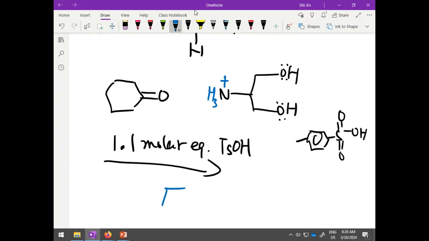So you will be getting a compound, and eventually you have the ketal formation, because this ketal formation is thermodynamically preferred, because it gives you a highly stable 6-membered ring. So you see, the same two compounds react. If you change the pH value, the reaction can be switched.